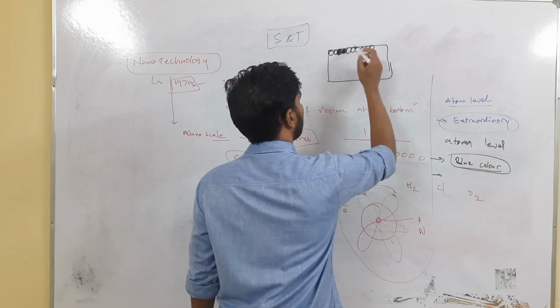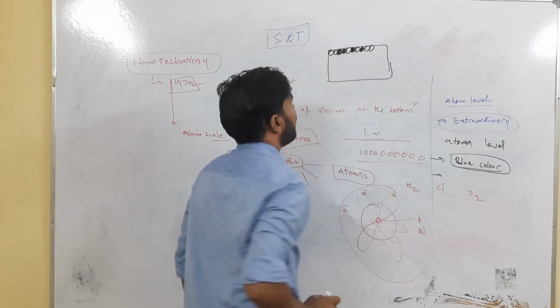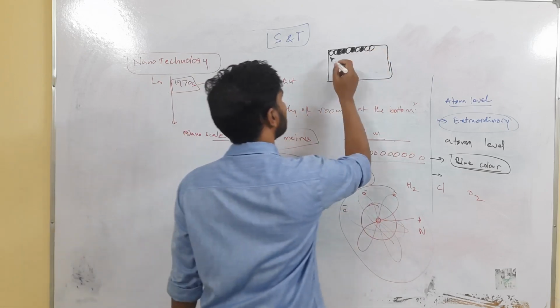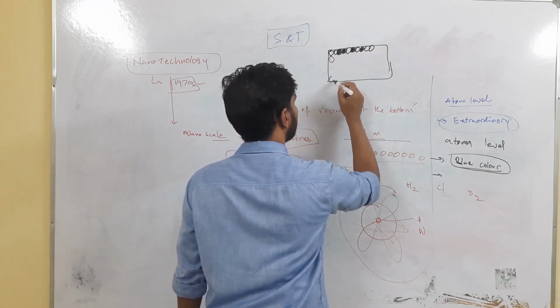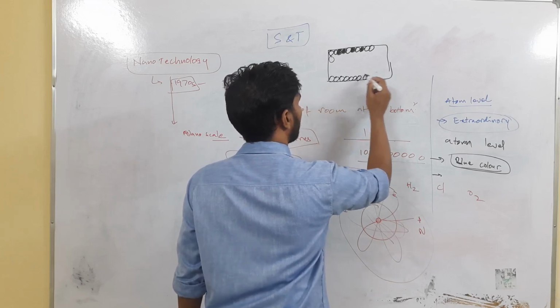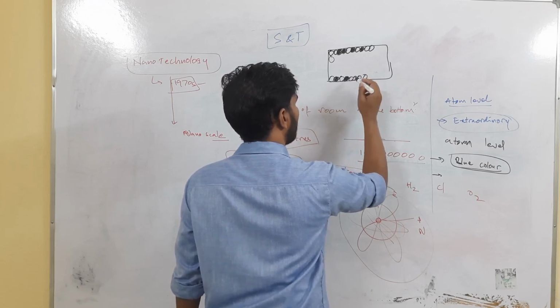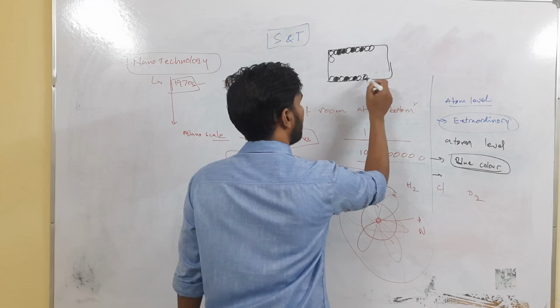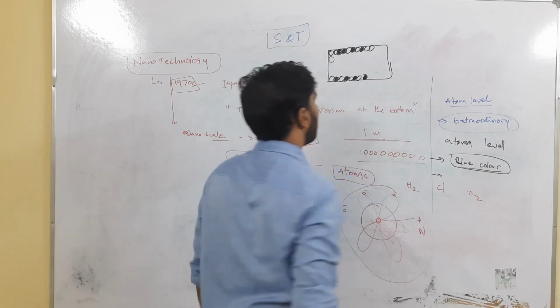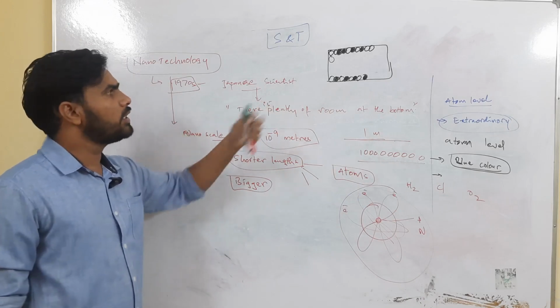Let's imagine these are different types of atoms. They are arranged in this way. But imagine now I am changing the order of these atoms like this: one white, one black, then one white, then one black. Now I have changed the order of atoms in this board to this type.